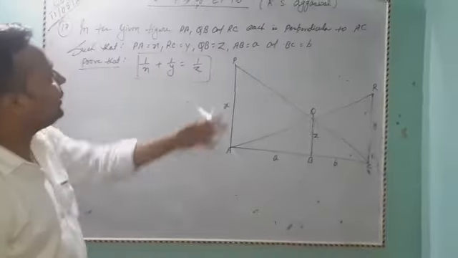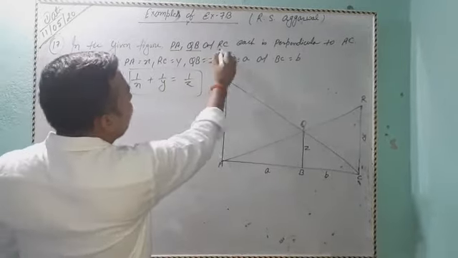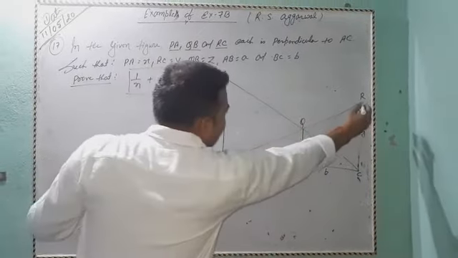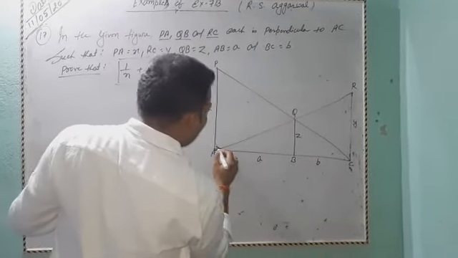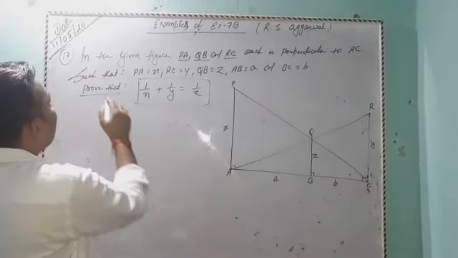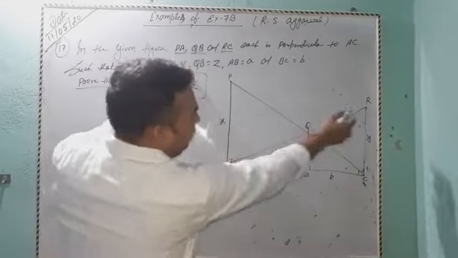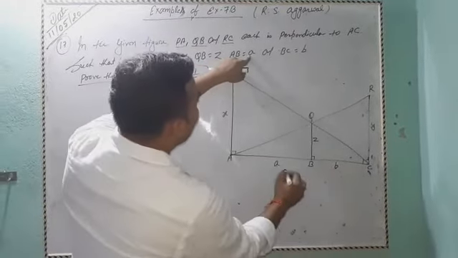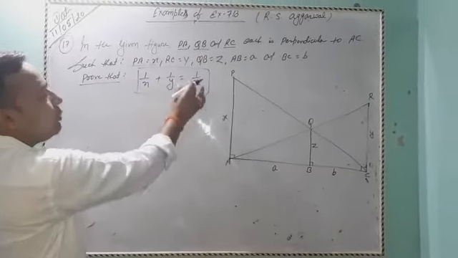In the given figure, PA, QB and RC each is perpendicular to AC, such that PA equal to x, RC equal to y, and QB equal to z, AB equal to a, and BC equal to b. Prove that 1 by x plus 1 by y equal to 1 by z.